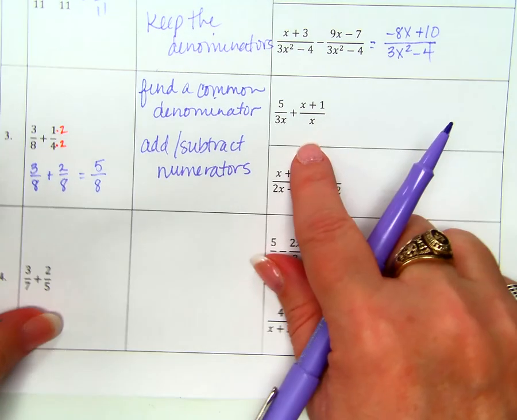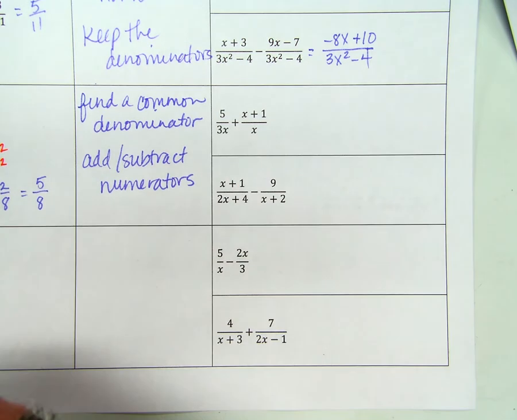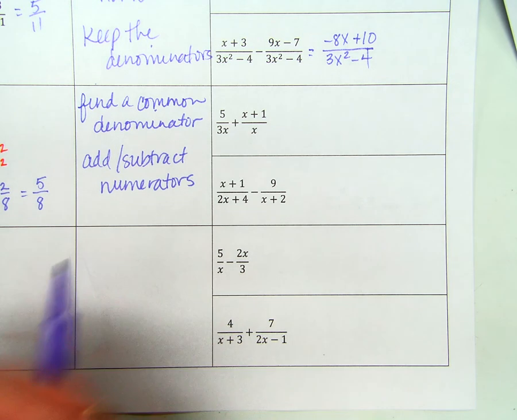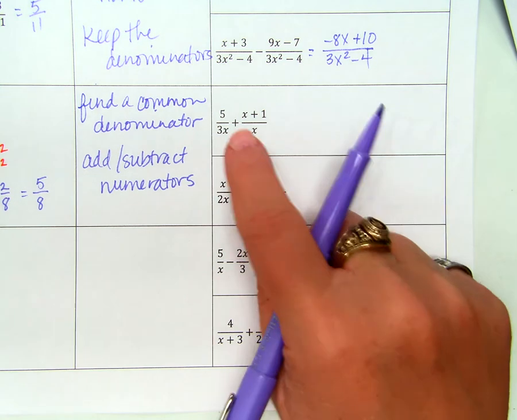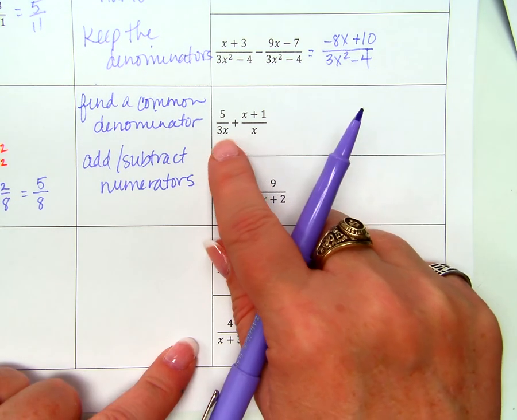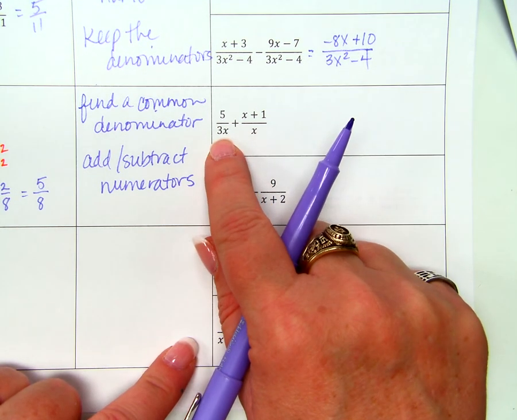So if I'm looking at this first example right here, what would be my common denominator? I've heard 3. Is there any other possibilities? Okay, so if you think the answer is 3, what do I have to multiply this by to make it become a 3?